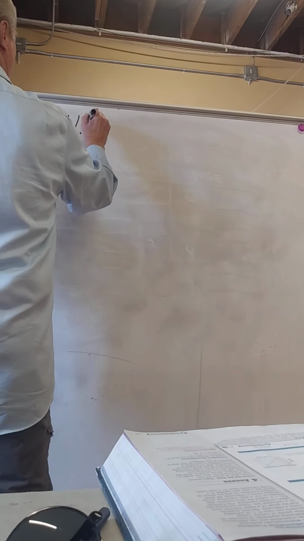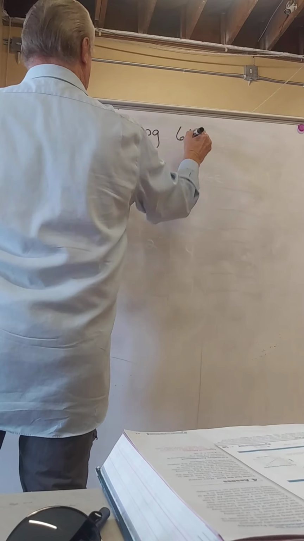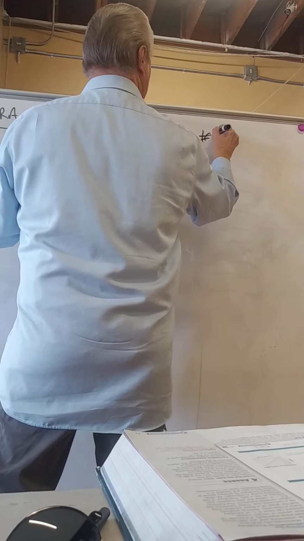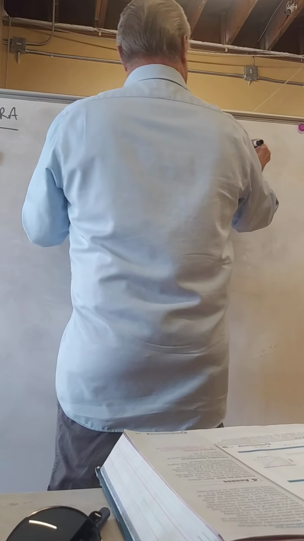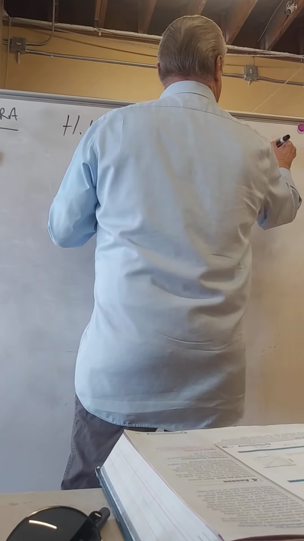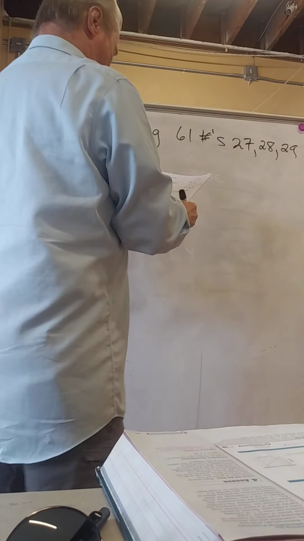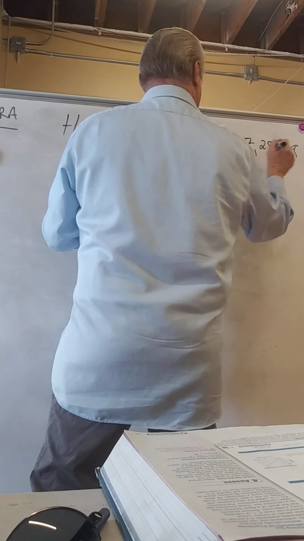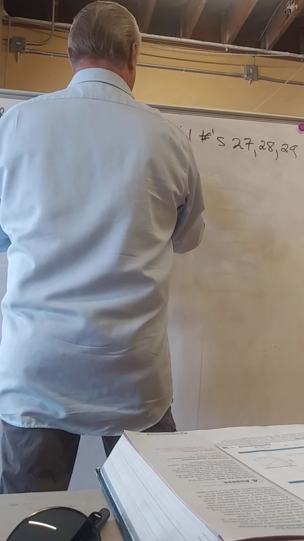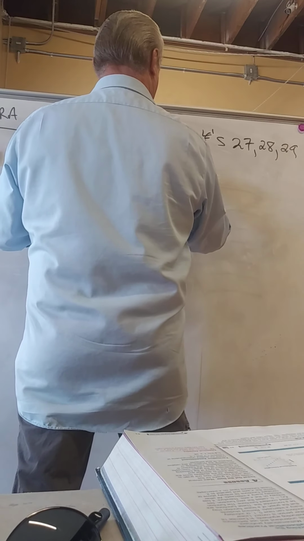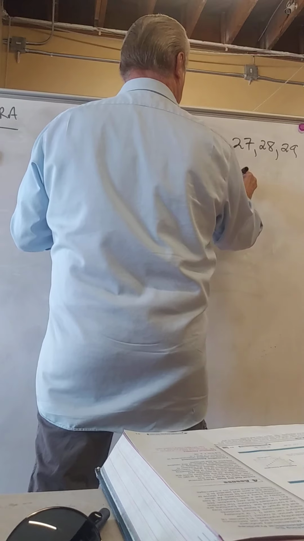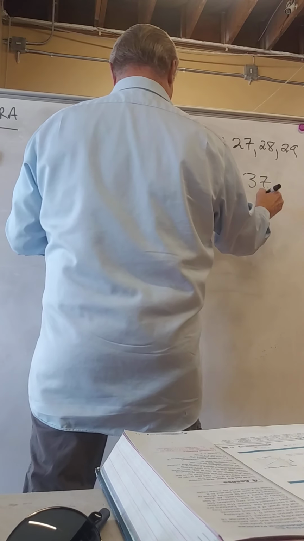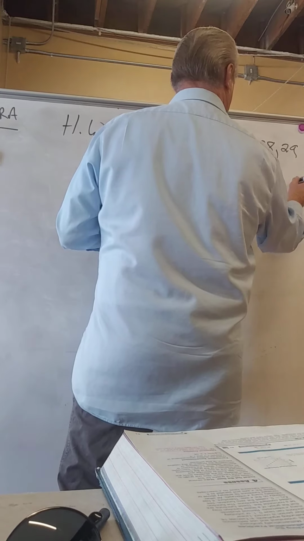All right, so now our homework is page 61, numbers 27, 28, and 29, and then 31, 34, 35, 36, 37, and 38.